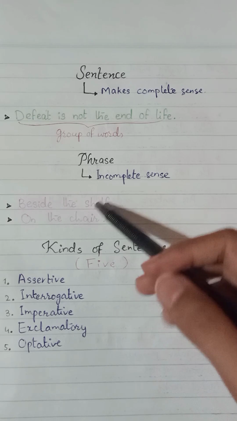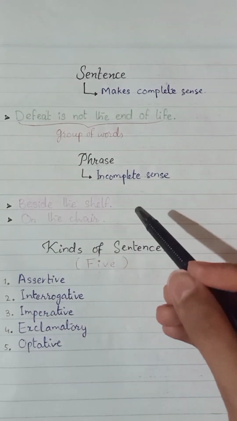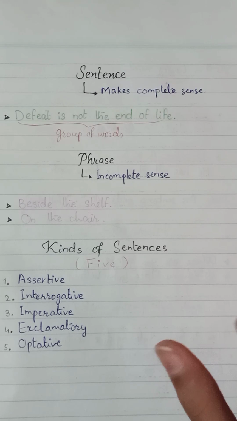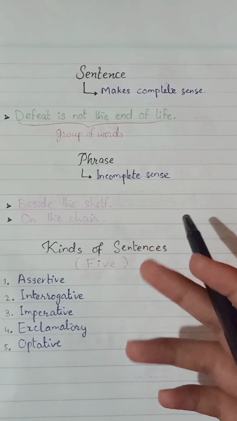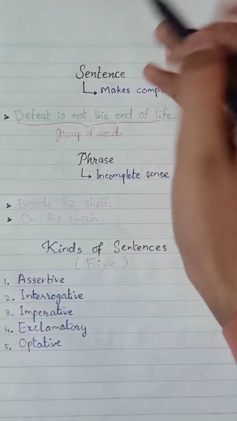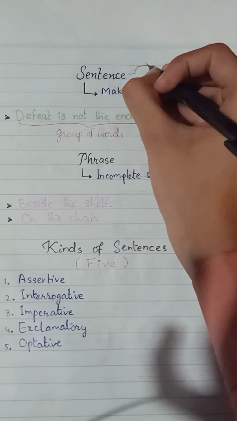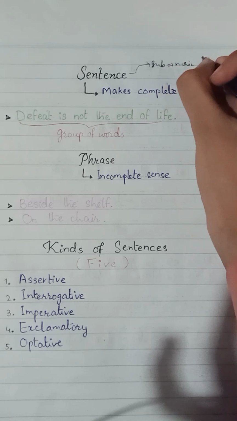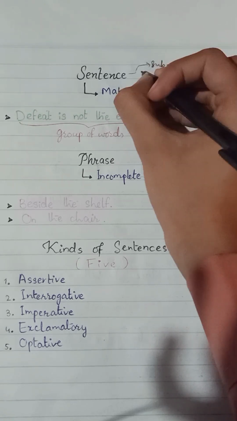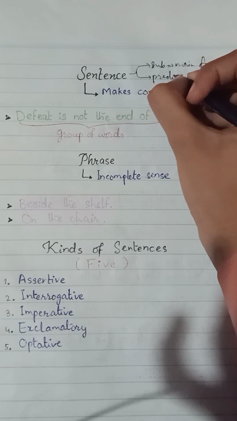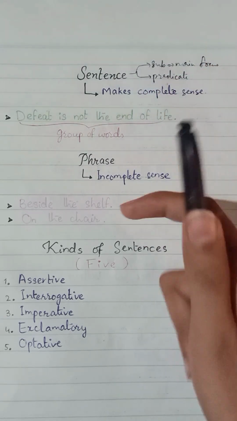So there are typically two parts of the sentence. One is the subject, that is the main focus. The other part, other than the subject, is the predicate.